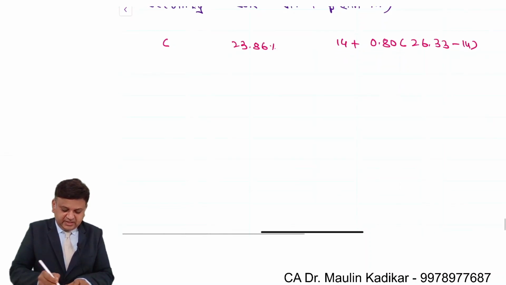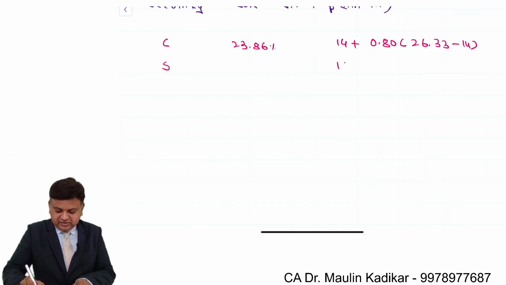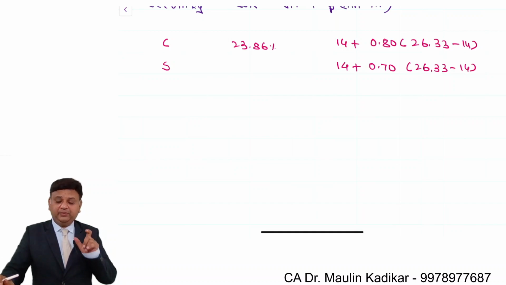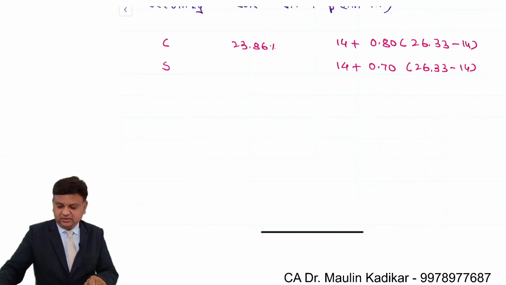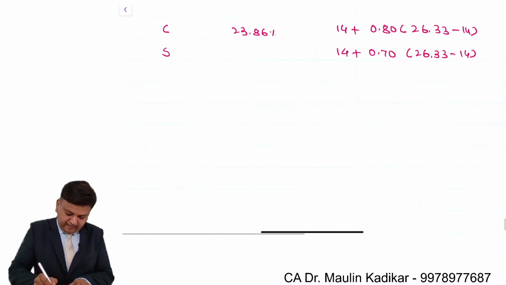Next is Steel Limited. In that it is 14 once again plus beta 0.70, in bracket 26.33 minus 14. That comes to 12.33 into 0.7 plus 14, which is 22.683.